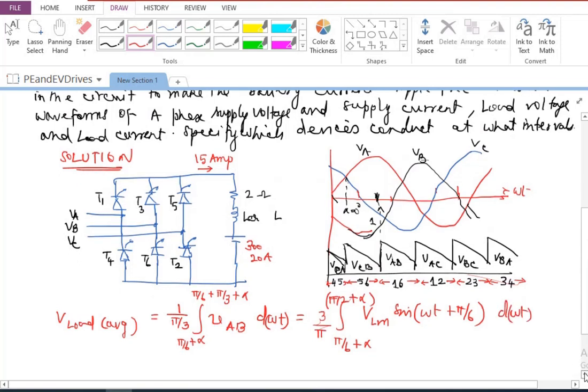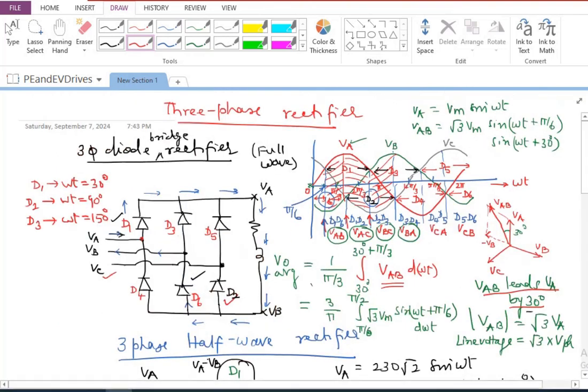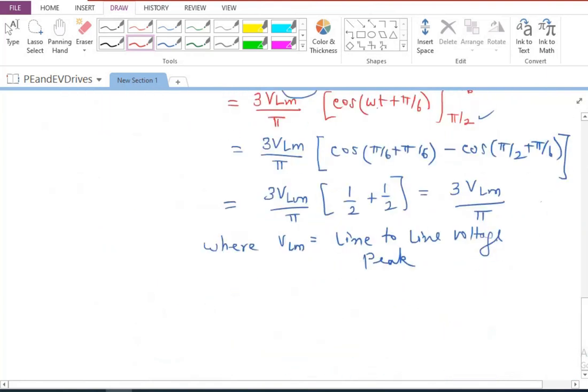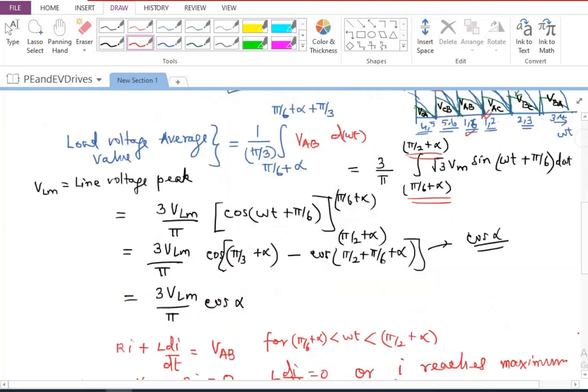And when we derived this expression, we got, if you may recall again, 3VLM divided by pi cos alpha. For the three-phase fully controlled rectifier, we got this as 3VLM by pi cos alpha in one of the previous lectures.